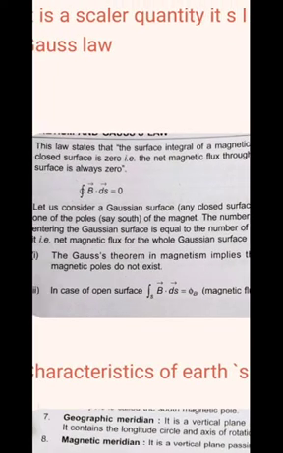That is, the surface integral of B dot ds is zero. In electrostatics, it is E dot ds equal to q by epsilon naught. This is one of Maxwell's equations.